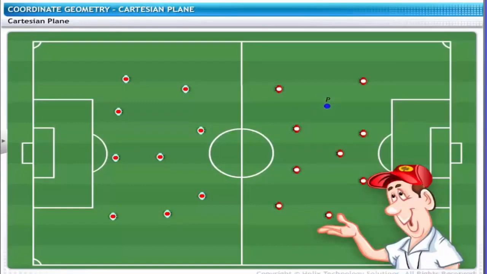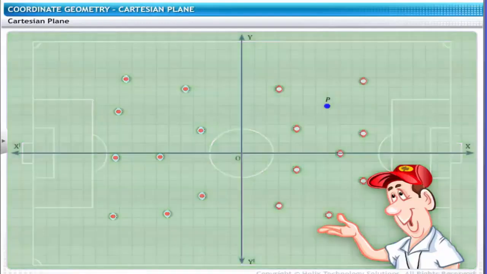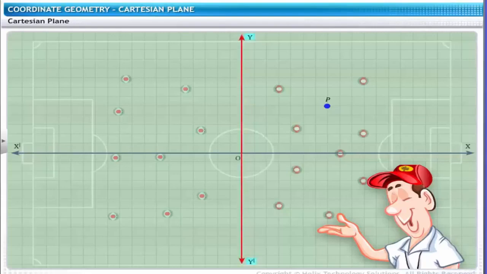We can resolve this problem by regarding the football field as a Cartesian plane, which is represented as a graph. The length of the field on the Cartesian plane is the horizontal line XX', and the breadth of the field is the vertical line YY'. YY' intersects with XX' at point O. The horizontal line XX' is the x-axis of this Cartesian plane.